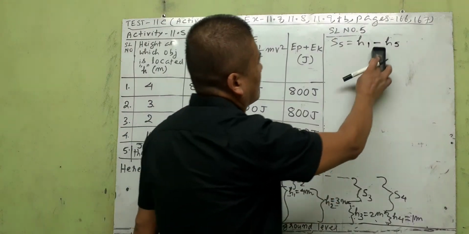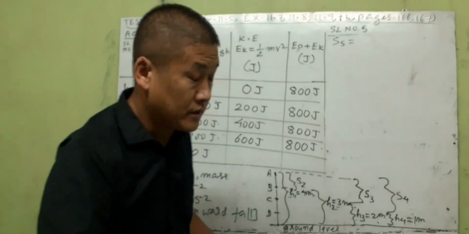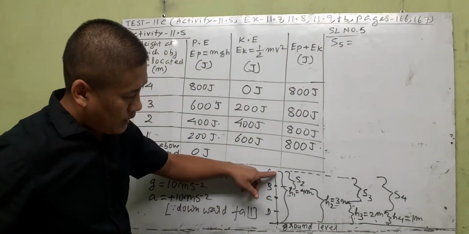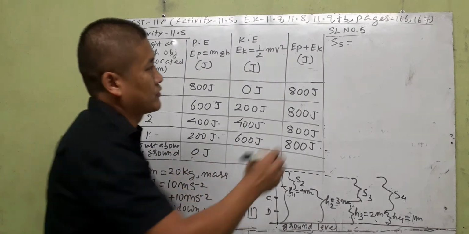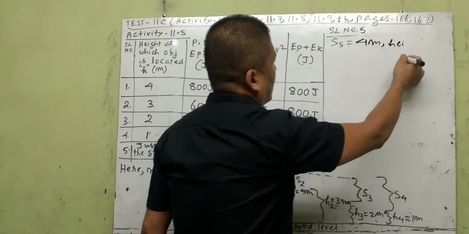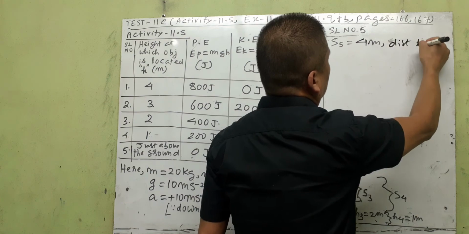Or you can just write here directly S5 by common sense also. Initially it was at 4 meter height, and touching ground means it has traveled 4 meters. So straight away we can write 4 meter, distance traveled.